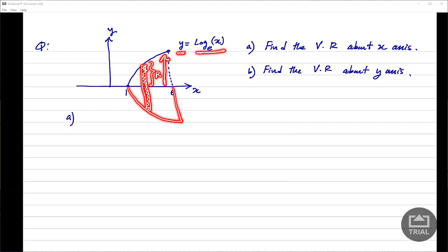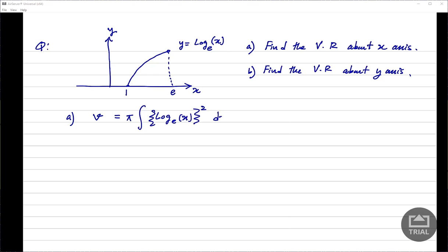So it's log x is the radius, right? So this is r. So you can find that pi log x squared dx, and that would be 1 to e.